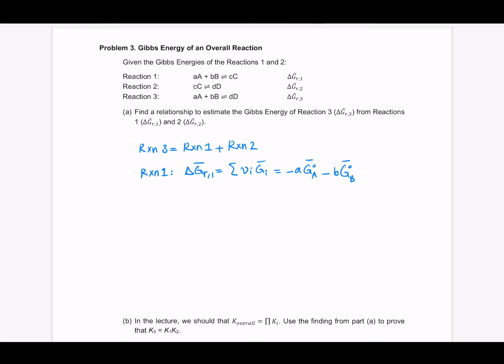Oh, these are not necessarily standard, so we just don't need to work with the standard. Plus CGC. Same thing for reaction 2. Delta G of reaction 2 would be minus CGC plus DGD.